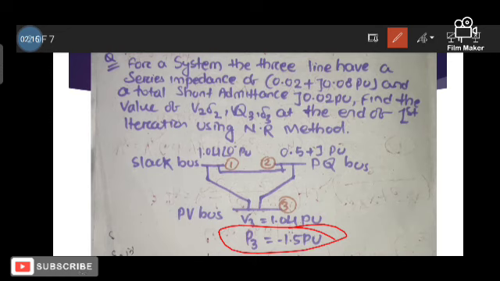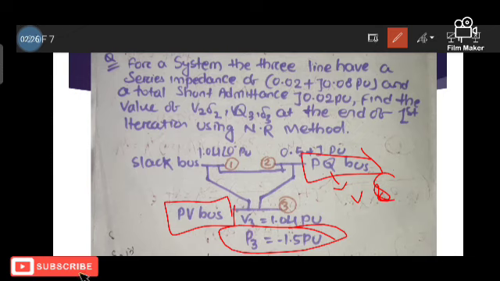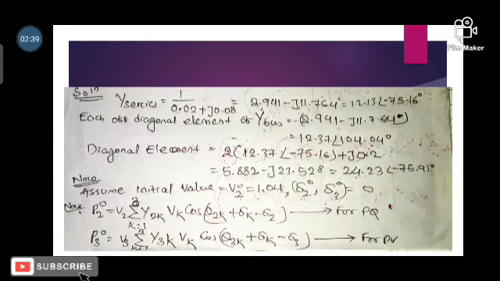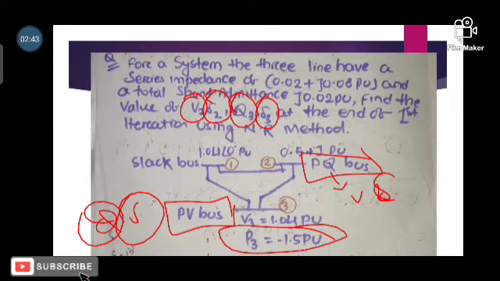So for the PQ bus the known quantities are P and Q and the unknowns are V and del, and for the PV bus the known quantity is P and V, and the unknowns are Q and del. We need to find V2, del 2, V3, del 3 after the first iteration of the Newton-Raphson method.